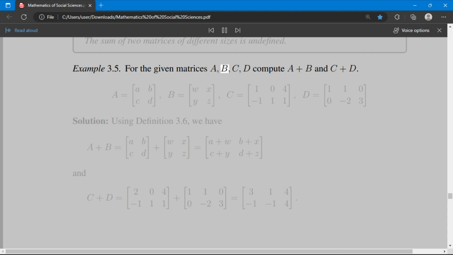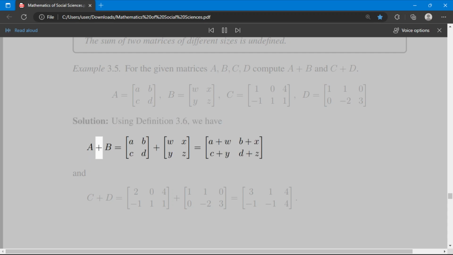Example 3.5. For the given matrices A, B, C, D, compute A plus B and C plus D. A equals A B C D, B equals W X Y Z. Solution.